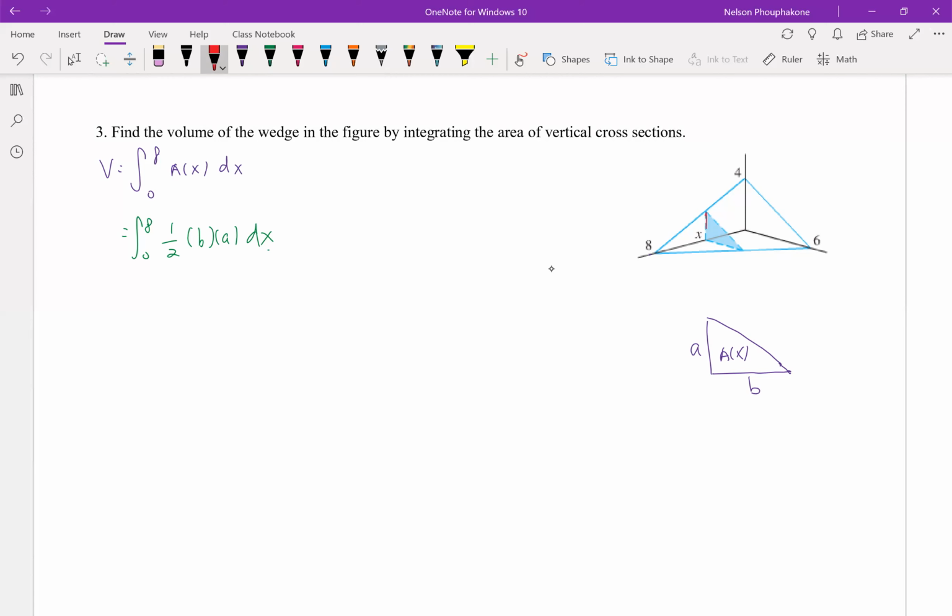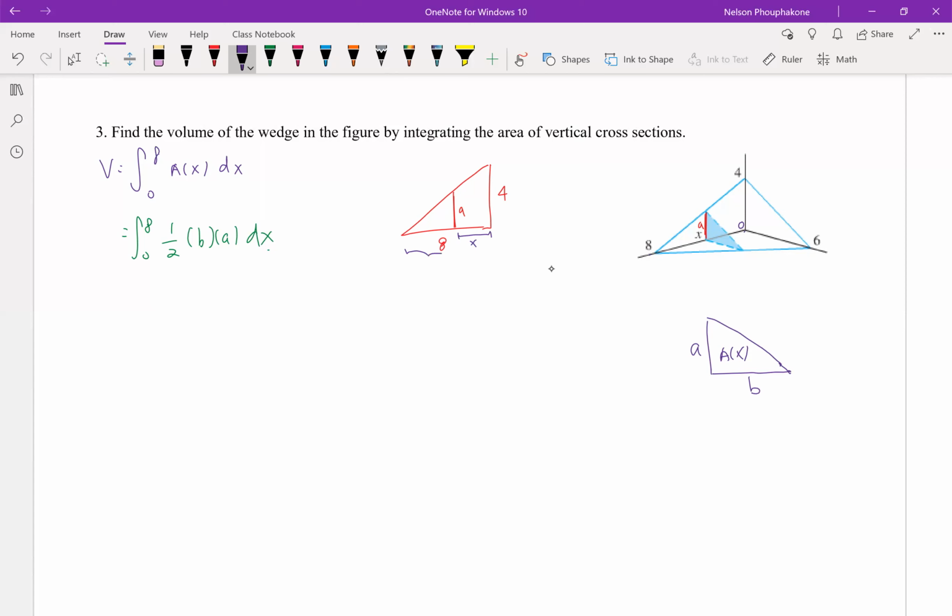So let us look at a first. For a, we could work with this triangle right here. In this triangle, I know that this height right here is 4, and this is 8, and here, this is my a. Then from 0 to here is x.